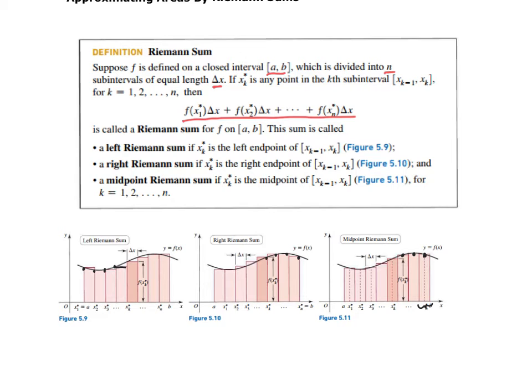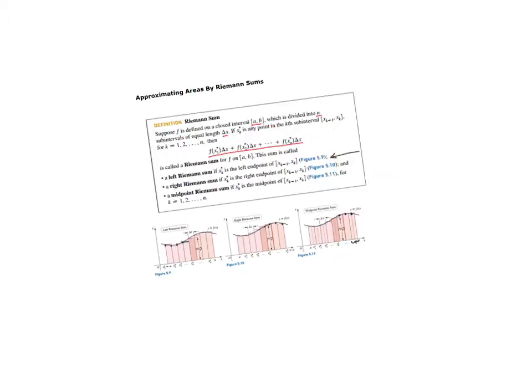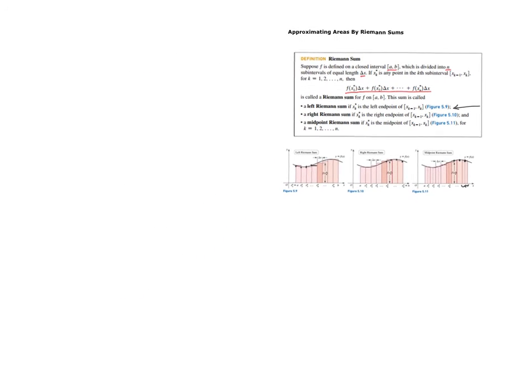So keep in mind that if we're doing a left-hand Riemann sum, let me make this a little bit bigger. Let's make this really small up in the corner, and I'm going to draw a picture of a left-hand Riemann sum.